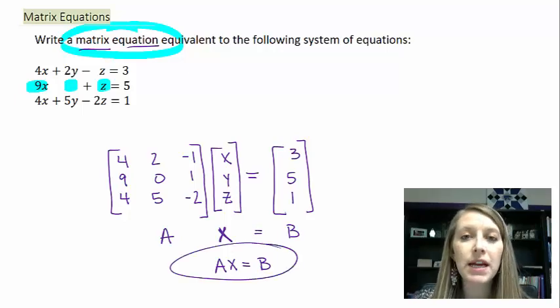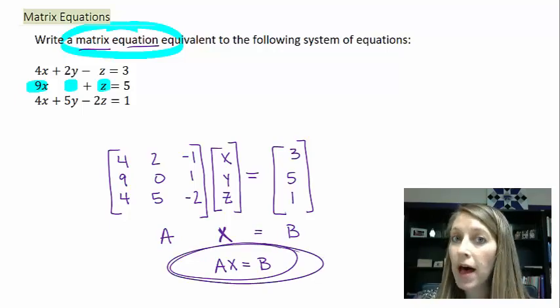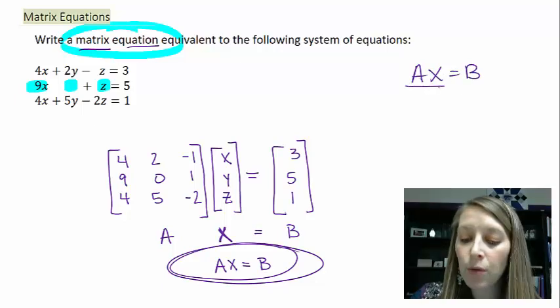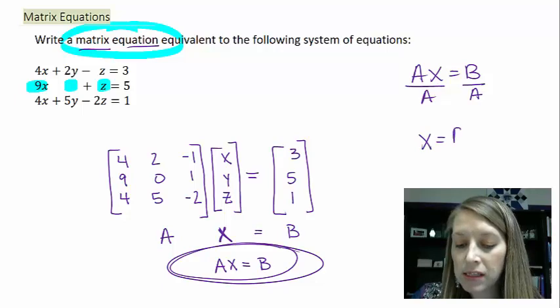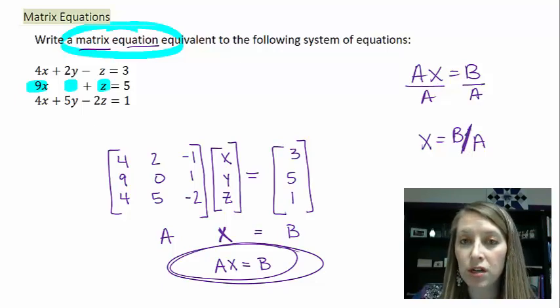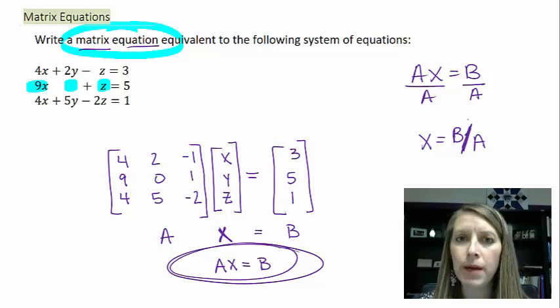This is going to lead us into the next section: if we have a system of equations like this, how do we solve for it? Well, if this was simple math, if I had AX equal to B, I would just divide by A to isolate my X, and I would get X is equal to B divided by A. The problem with that is that I would have to be able to do division. Notice I didn't teach you matrix division here because there is no such thing as matrix division.